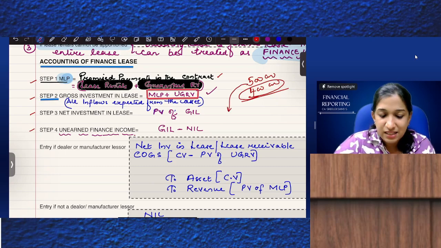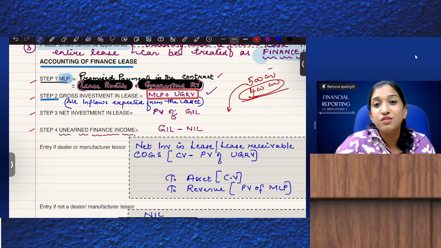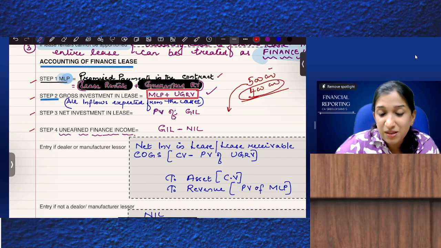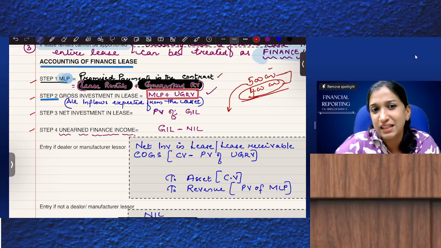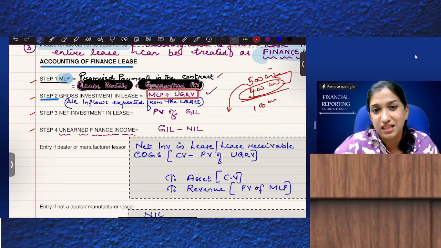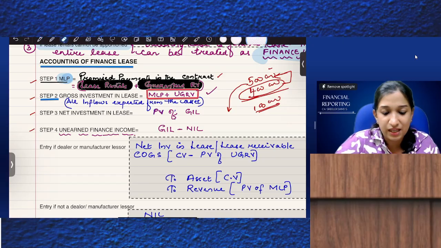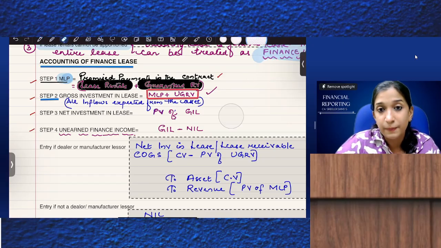If you sell the asset for 5 lakhs and the guaranteed is 4 lakhs, the lessor can sell it outside and get an extra 1 lakh from this asset. Total residual value is 5 lakhs, of which 4 lakhs is guaranteed. The balance 1 lakh you can get from outside. That is what is called unguaranteed residual value.